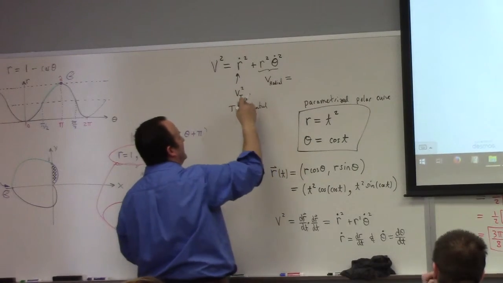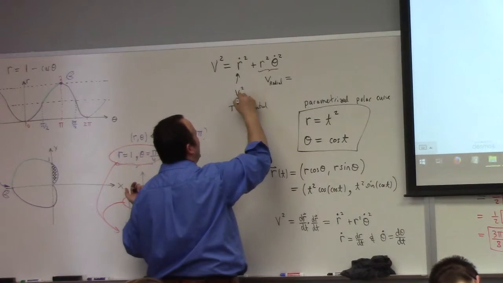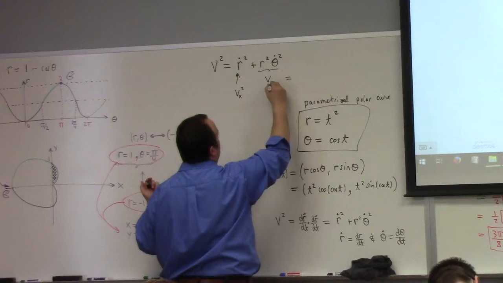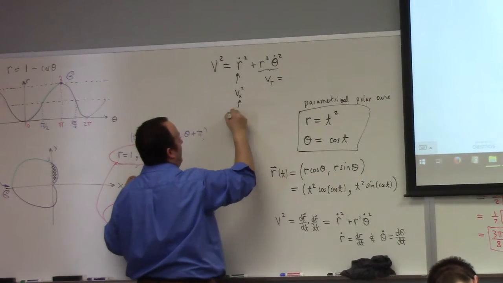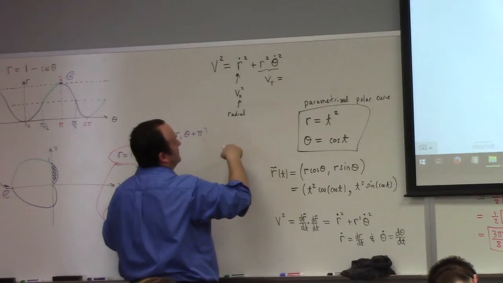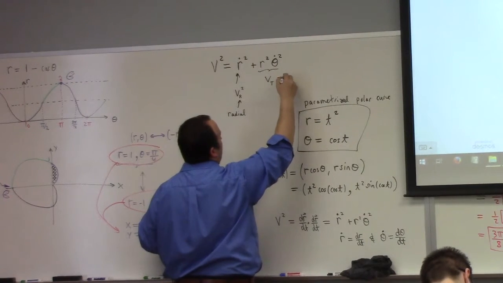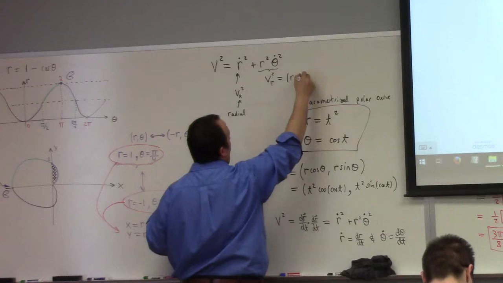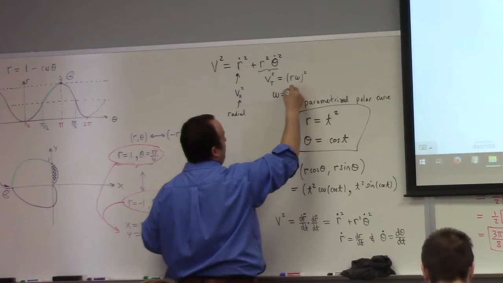I've got it totally backwards. This is the radial part of the velocity squared. Radial, because it goes with the radius, right? This, on the other hand, is the tangential part squared. Remember, Vt is r omega. But here, omega is the change in theta.